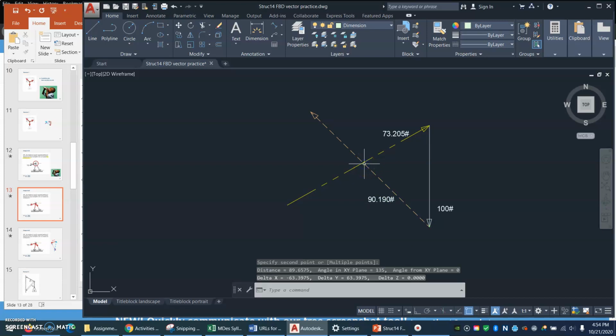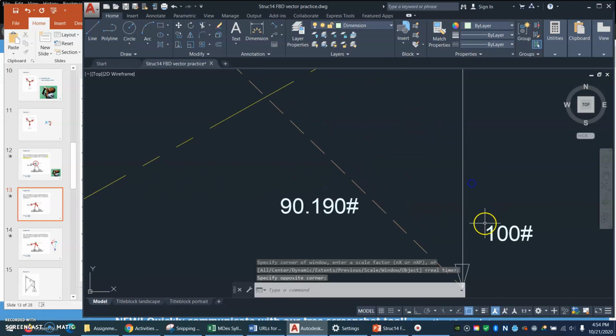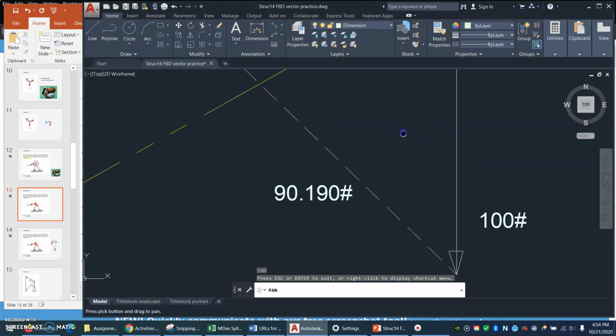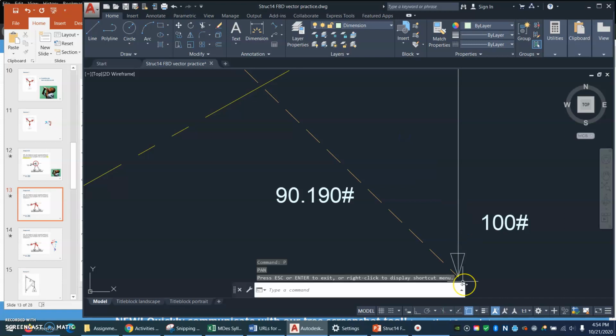And look what it has given me. I'm a little bit off, so I'm not at 90.19, which tells me that I've done something wrong from there to that intersection. Yeah, I did something wrong when I put my dimension up here.